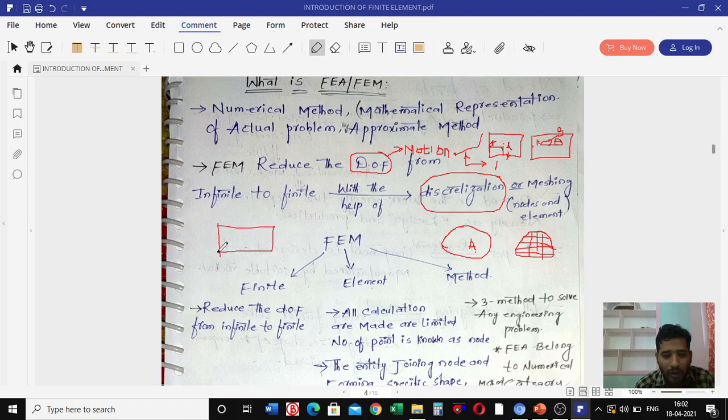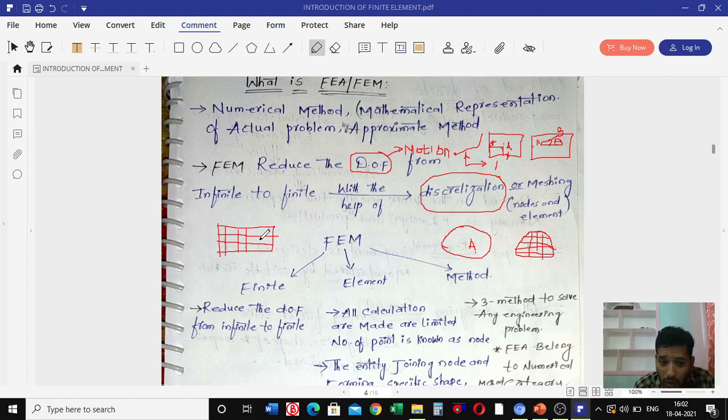If you want to measure the area, and I divide it horizontally into equal strips like this, at this point we will not get an accurate result.